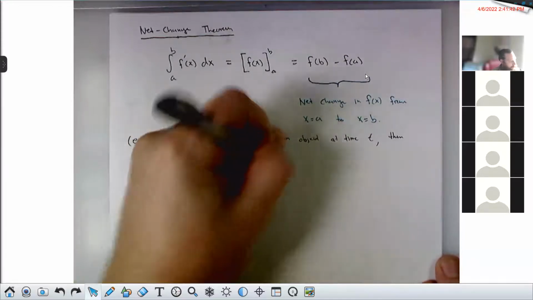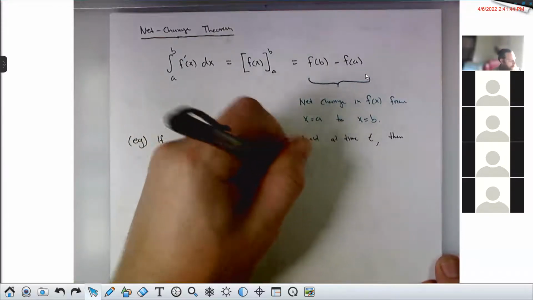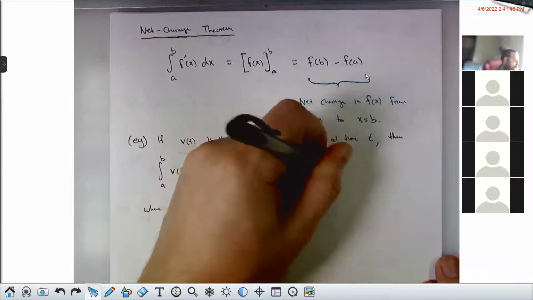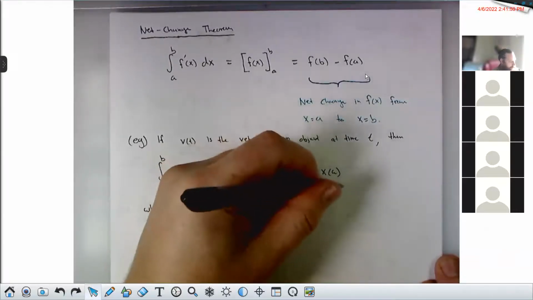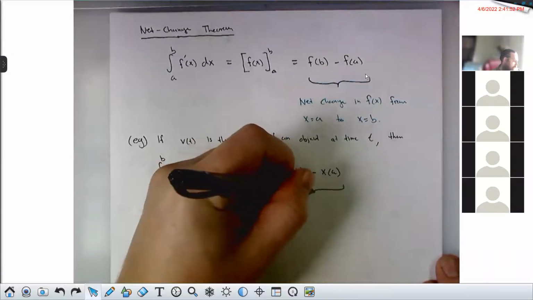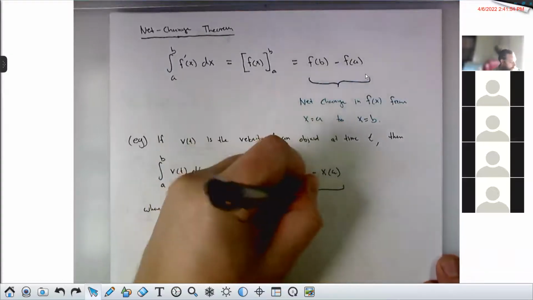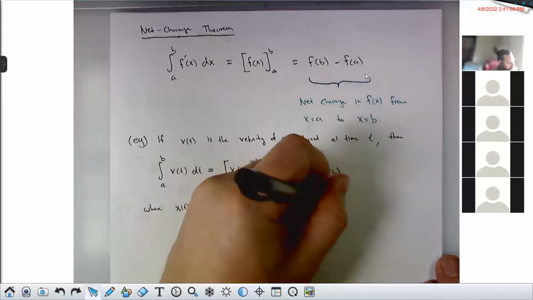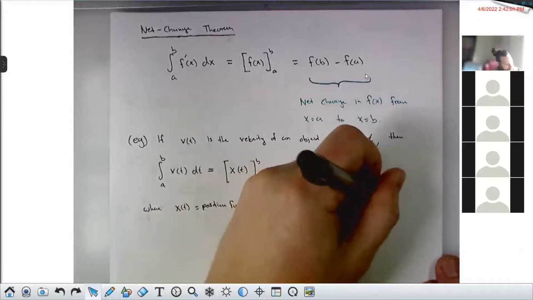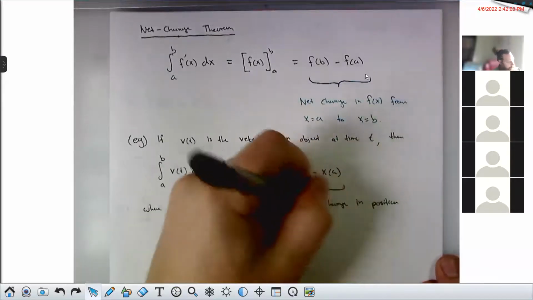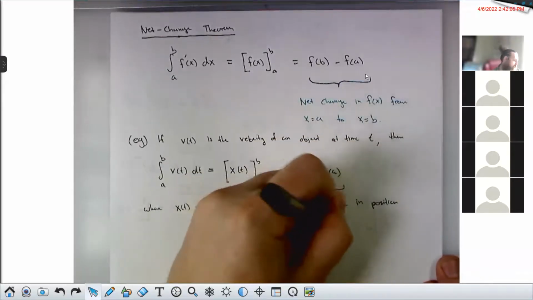And this would be x of b minus x of a. And this stuff is the net change in position, which is called the displacement.